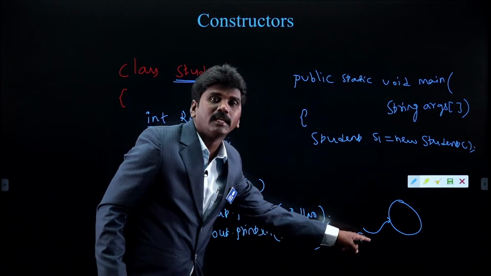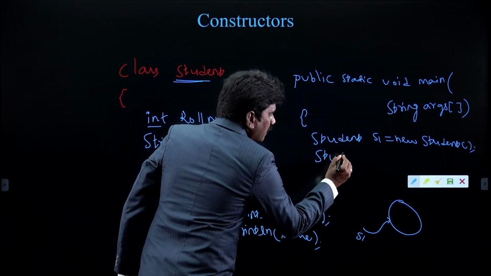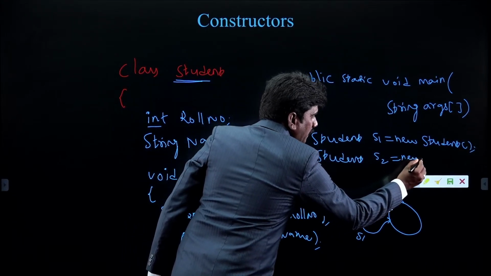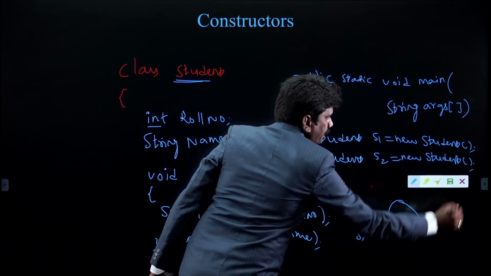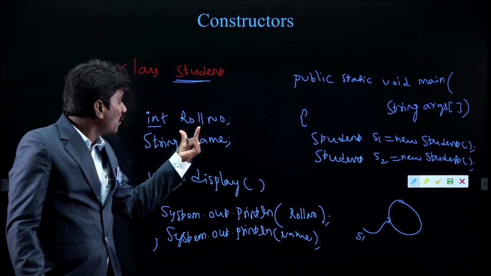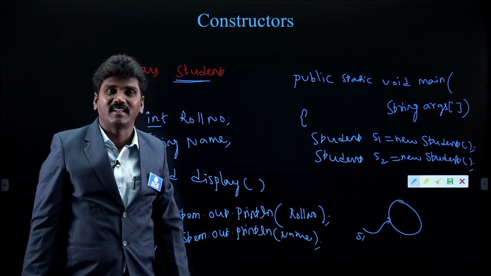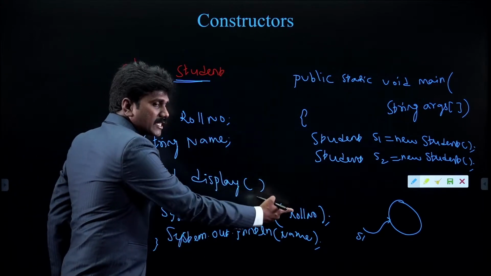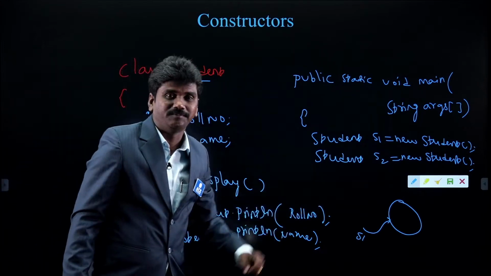the object s1. Suppose I have created one more object, like Student s2 is equal to new Student. Now tell me what values will be assigned to roll number and name of the object s2, or student 2, let us consider. For student 1 we discussed that roll number of s1 is 0 and name of s1 is also null.